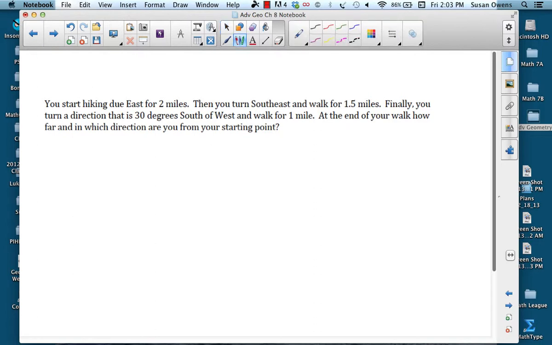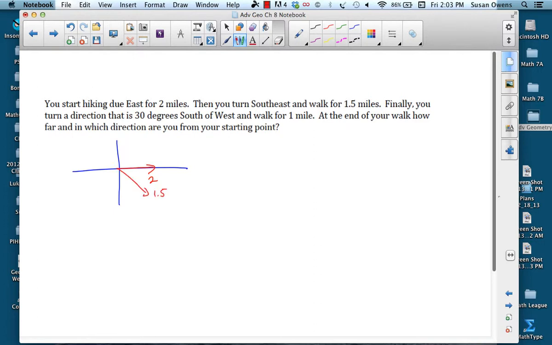So my first step is I'm just going to draw all 3 vectors. I'm going to draw them from the origin. It's easier to change them into XY notation if they're all drawn at the origin. So east 2 miles. And then southeast means 45 degrees. If it says southeast, it's due southeast, 45 degrees. So southeast, 1.5.